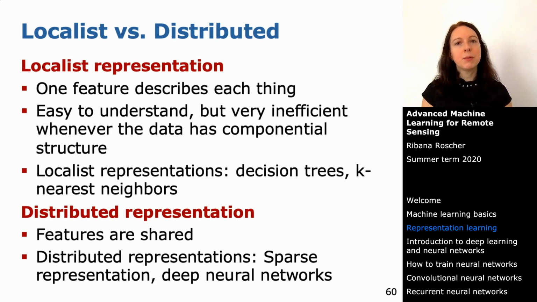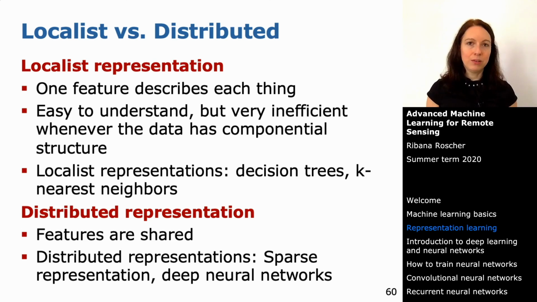So here's a summary showing the difference between the localist and the distributed representation. For the localist representation, one feature describes each thing. This is quite easy to understand, and also it's easy to model, but as soon as the data has a componential structure, it gets very inefficient. Methods like decision tree and k-nearest neighbor use this localist representation.